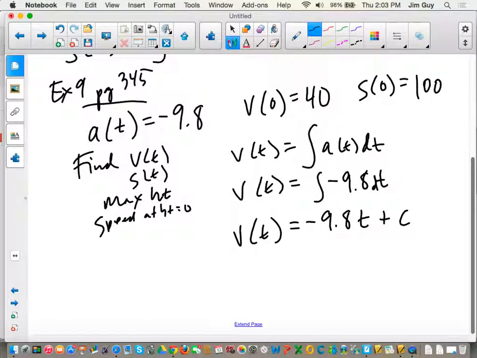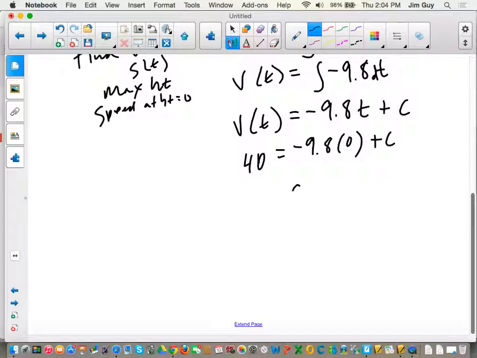That's our velocity equation. Now we want to find it for this specific situation. They gave us one value, 0, 40. We're going to plug that in to solve for the c value: negative 9.8 times 0 plus c, and you get c equals 40. C will not always be the value that they give you. You have to plug it in and find out, especially when you start getting e to the x or something like that.